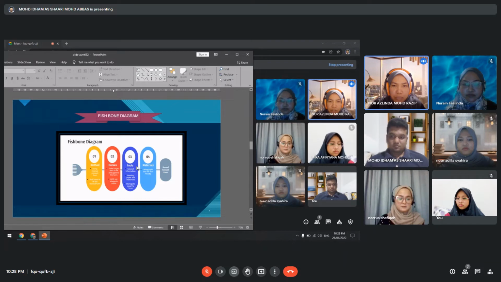Second, human: it takes longer to fill in and approve the form, and the HOD is not always in the office. The third one is tools: misinformation while filling in the form, wasting paper and stationery, and storage to keep the form. And the fourth one is material: using paper, which is not eco-friendly.